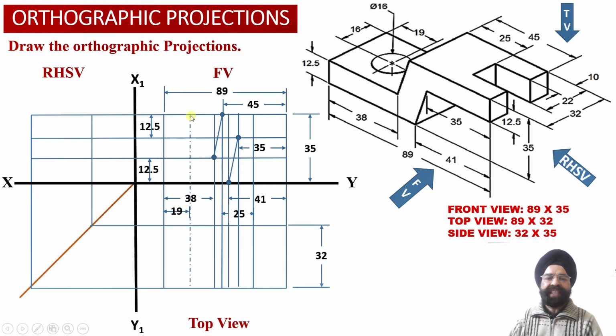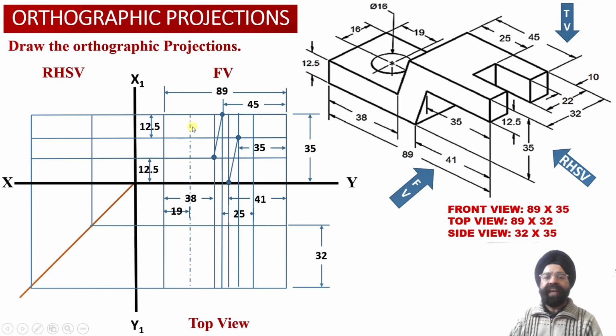We have marked a center line at a distance of 19 millimeter from the left side face of the solid, and this vertical center projector line we have extended into the top view projections as well.